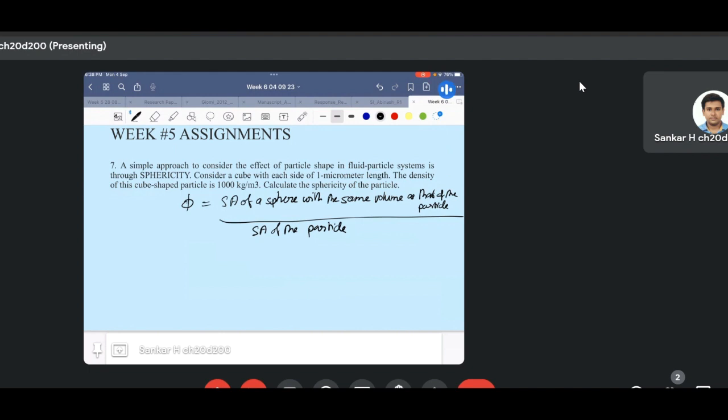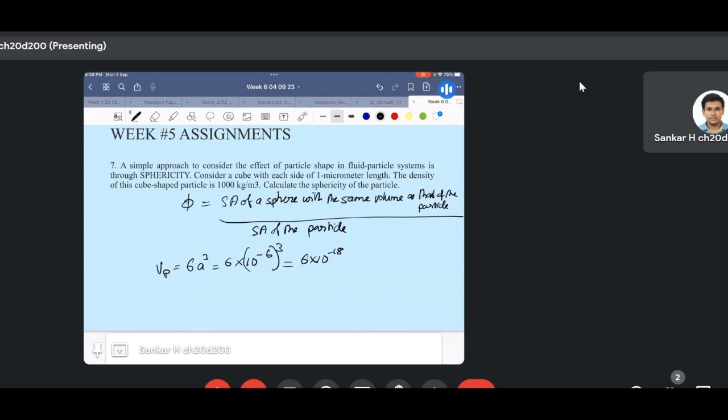So first, we have to find a sphere with a diameter such that the volume of the sphere matches the volume of the particle. And here, the particle volume given by Vp is equal to a cube, which is 6 into 10 raised to minus 6 whole cube, which is 6 into 10 raised to minus 18.